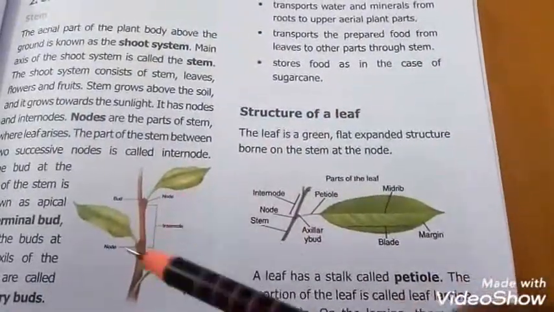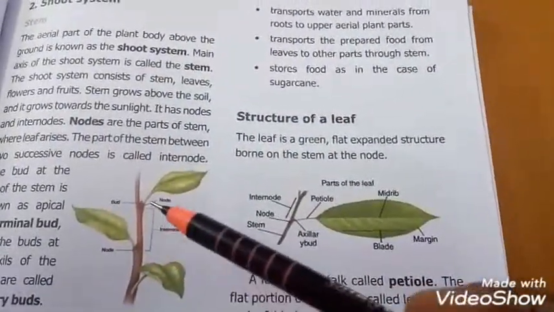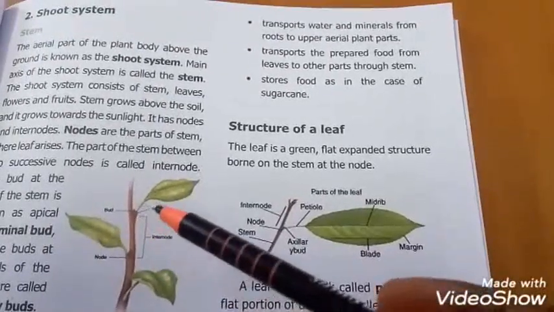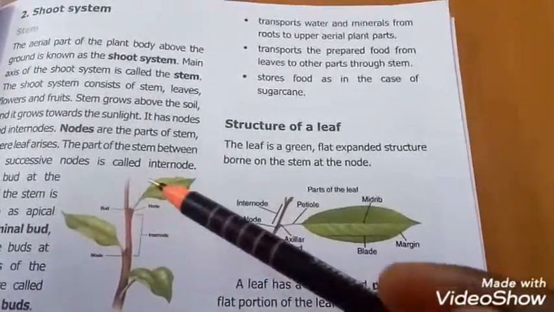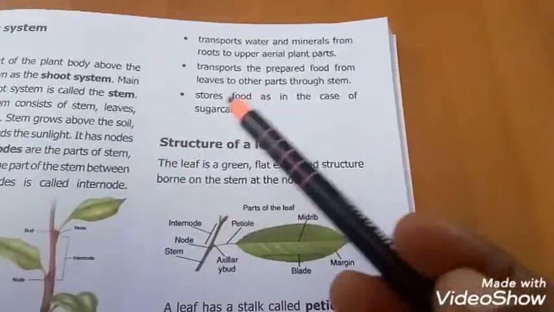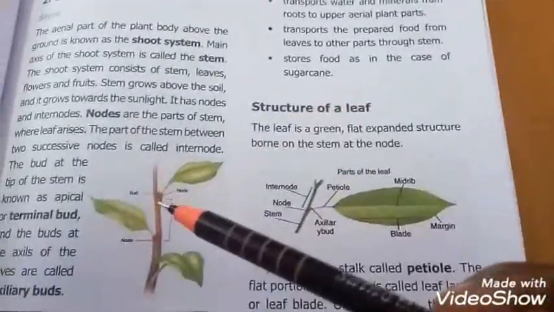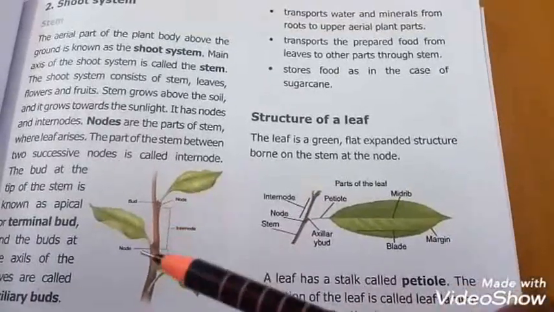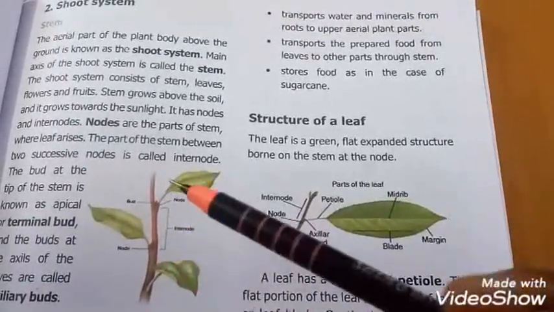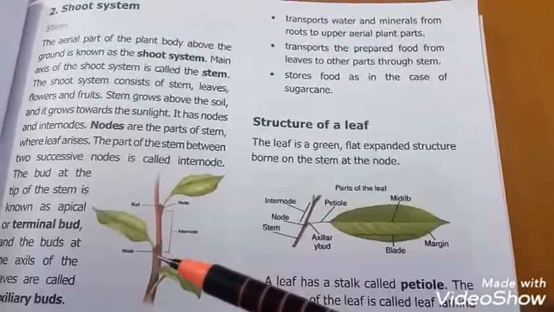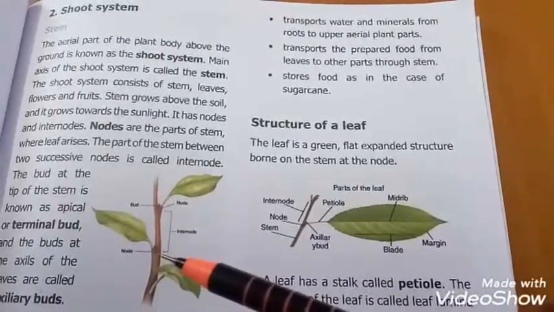It stores food, as in the case of sugarcane. Stem is one of the food storage parts. The example of the plant is sugarcane. Sugarcane is stem-stored food.